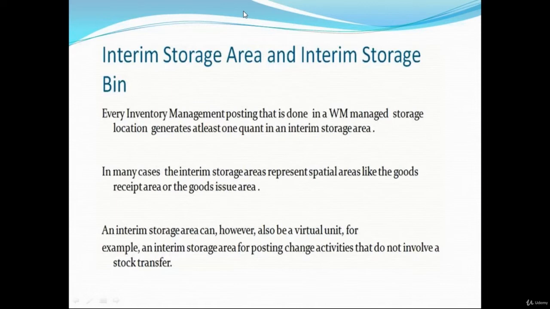Then the posting change zone is used for changing the posting from one stock category to another stock category. Then the interim area for differences is used to manage the stock differences between the physical warehouse and the system.